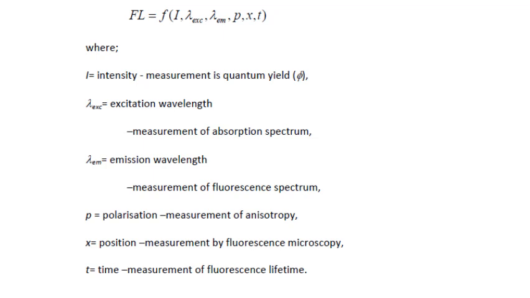So we write the equation as Fl is equal to a function of many things, where I is the intensity, lambda excitation wavelength, emission wavelength, then polarization, measurement of anisotropy, then measurement of fluorescence microscopy, X, then time of fluorescence.